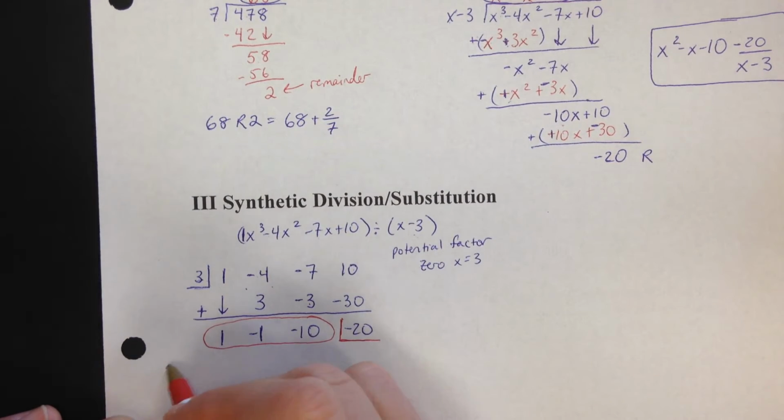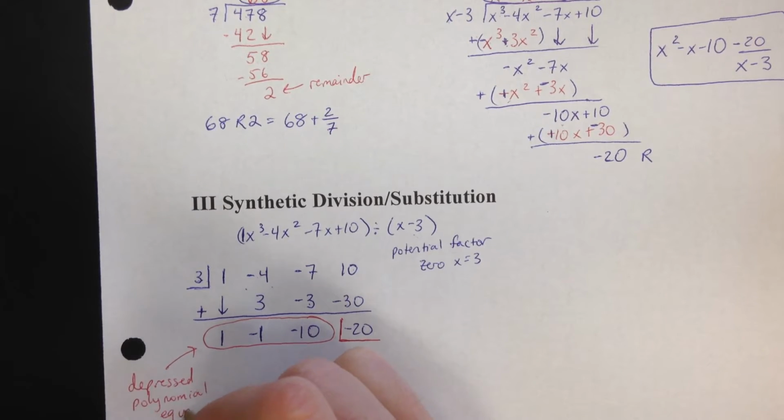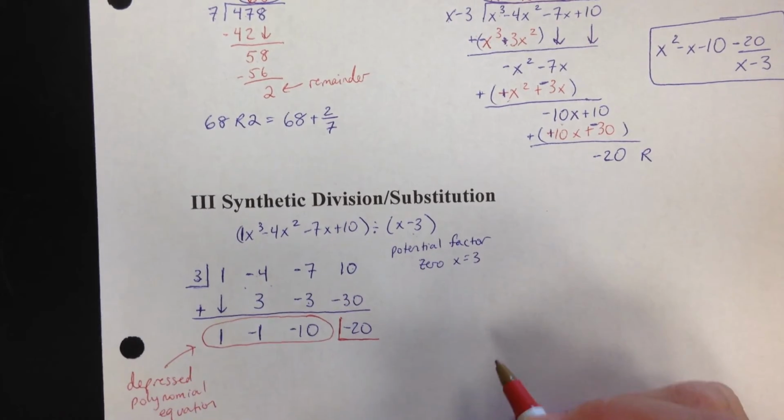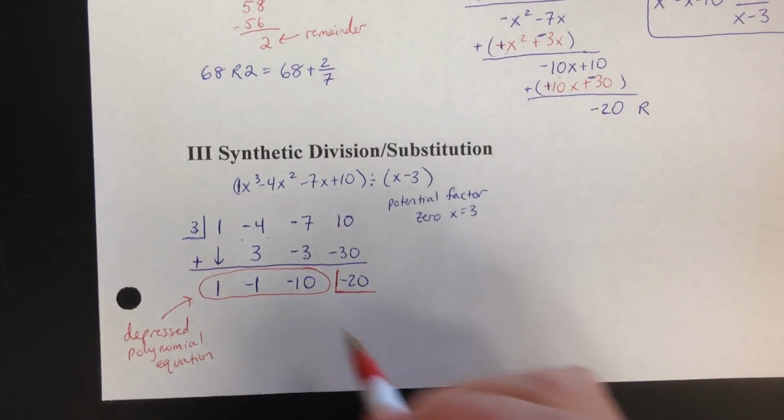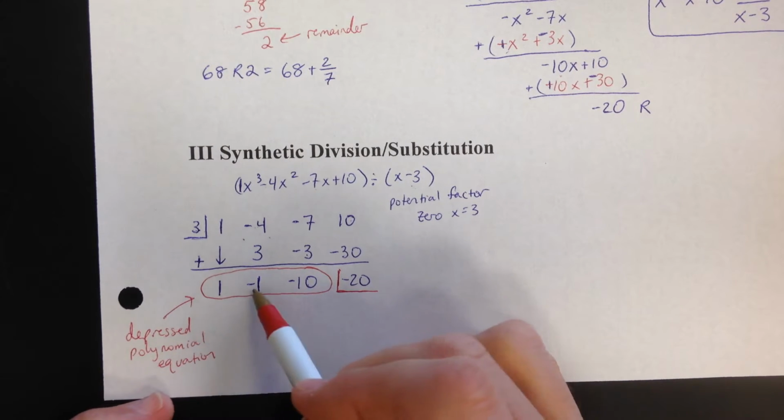So this is what we call the depressed polynomial equation. Now, when I say depressed, I'm not talking about being sad, okay? Depressed means below. So this is what's left over.